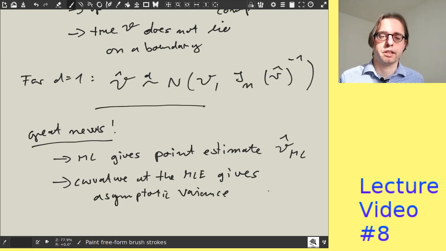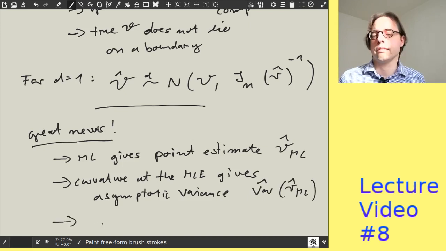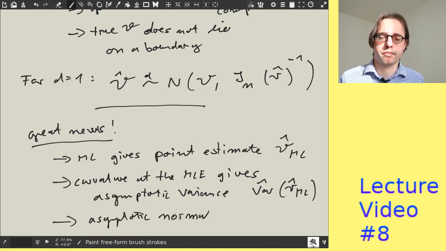So we get an estimate of the variance of the maximum likelihood estimator, and we get an asymptotic distribution, namely the normal distribution. So asymptotic normality. So this is really good.